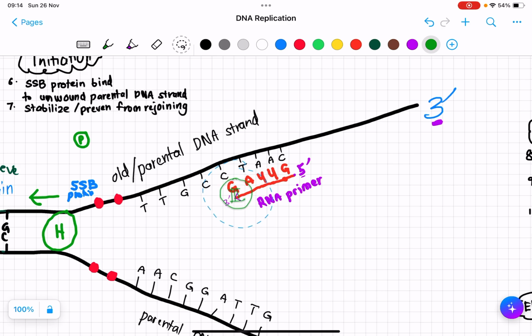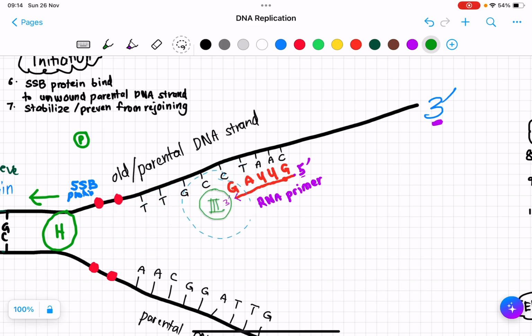So what the DNA polymerase 3 going to do is bind to the primer dekat 3N. Dekat 3N sebab dia tak boleh add dekat 5N. Dia mesti add new DNA nucleotide dekat 3N. So dia bind to the 3N of RNA primer and synthesize the leading strand.